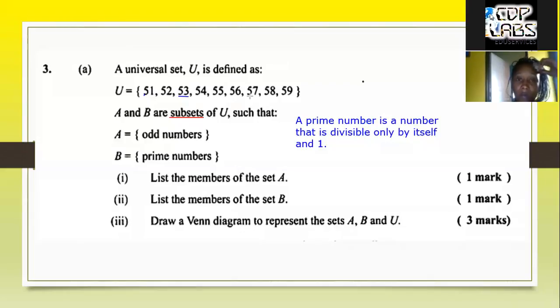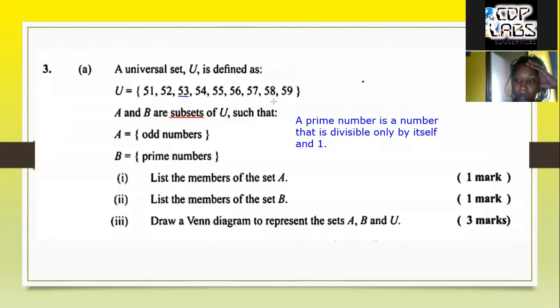Yes, 57 is not a prime number either. Why? Because it can be divided by 1, itself, 3 and also 19. So it doesn't match the definition. You get that? Okay. Good. So we have 53 as a prime number.